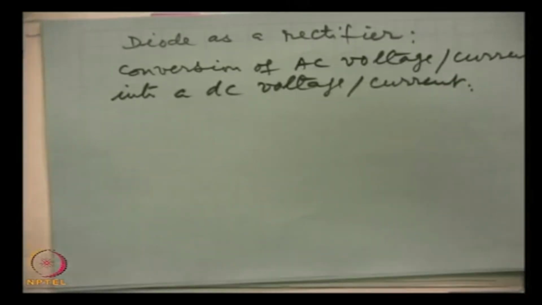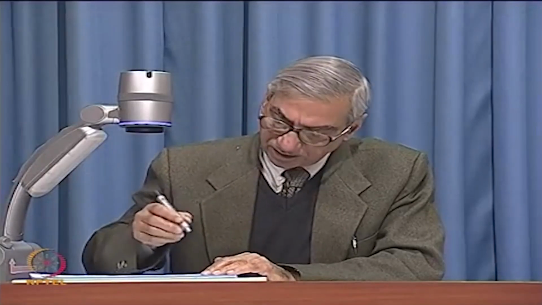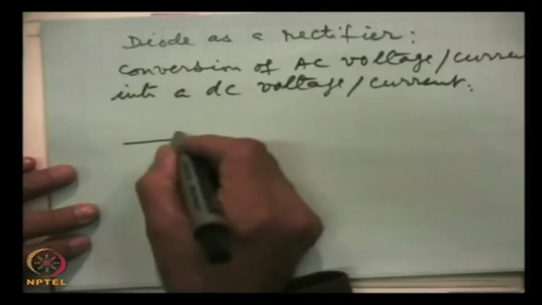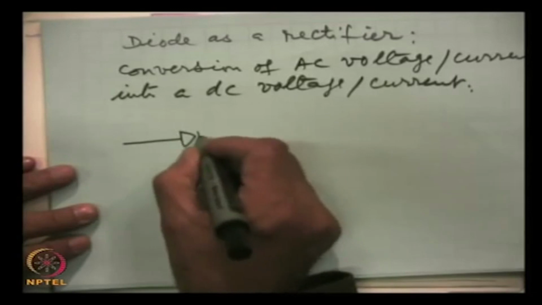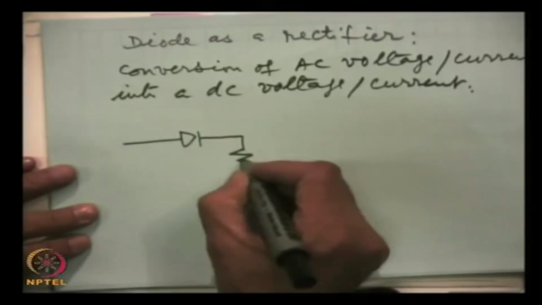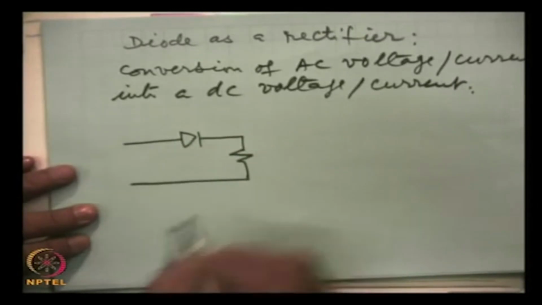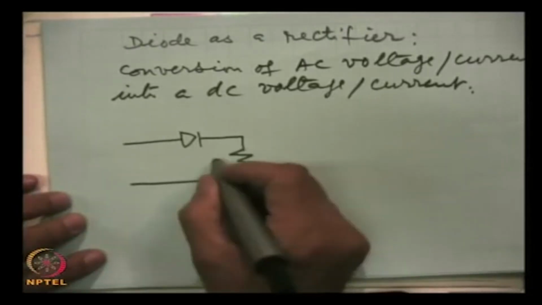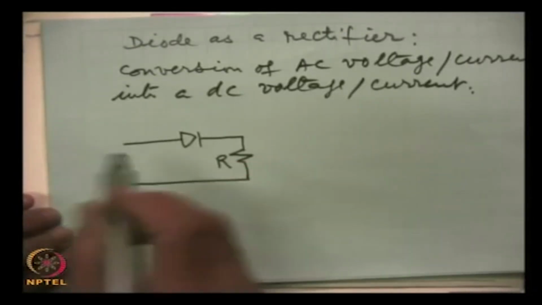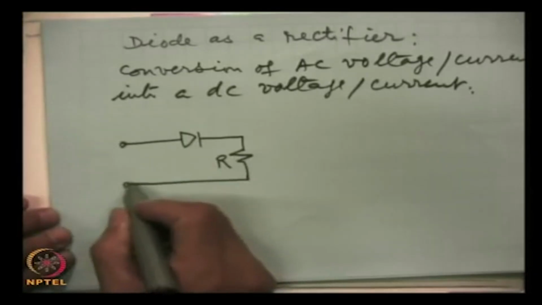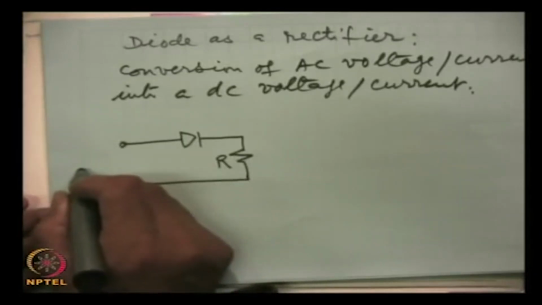Let us see how a diode acts as a rectifier. Let us consider a simple circuit. We apply an AC signal here.